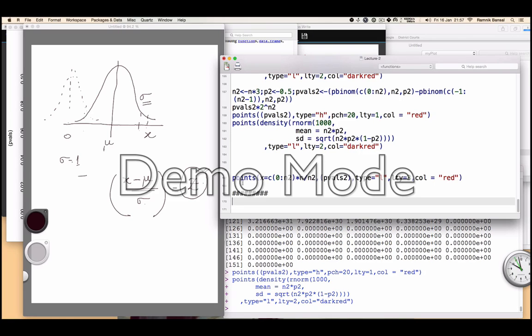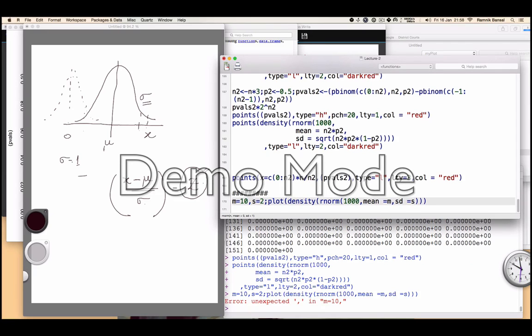So I say plot density rnorm, and let's say I plot 1,000 points, and then my mean is equal to m, and standard deviation is equal to s. Before that I say m is equal to 10 and s is equal to 2. Let's execute this.